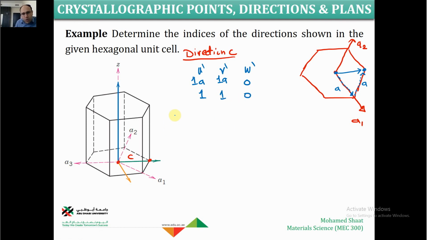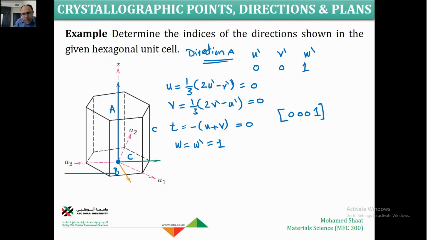Then you have to calculate U equals 1/3 times 2U prime negative V prime. U prime is 1, so 2 times 1, negative 1, gives 1/3. And V equals 1/3 times 2V prime negative U prime, as I remember the relations, right?